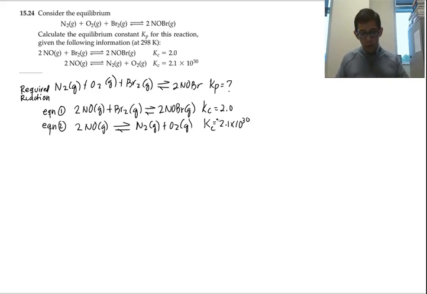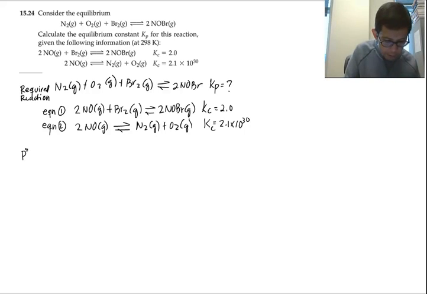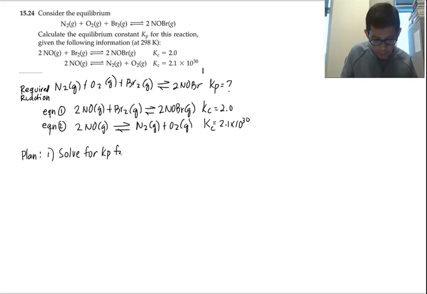Okay, so how do we get the Kp of the required reaction from the two equations? So we've got to have a plan. What is our plan? Number 1, solve for Kp for the required reaction.